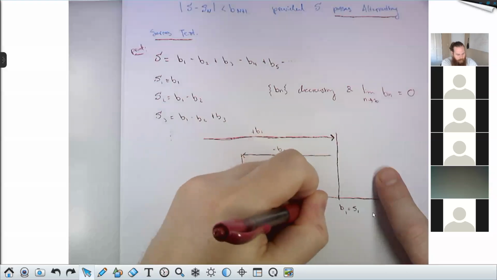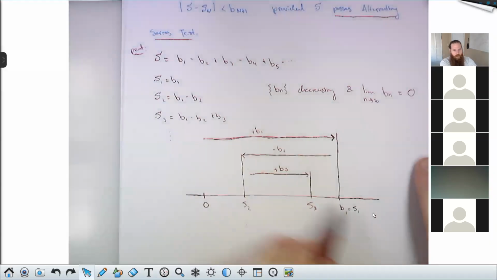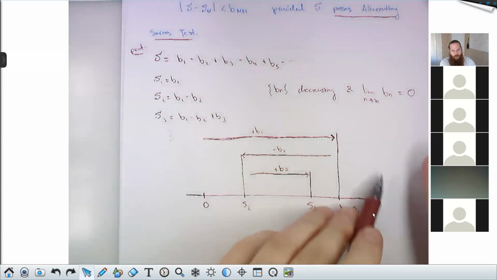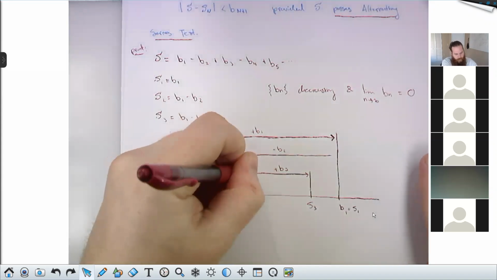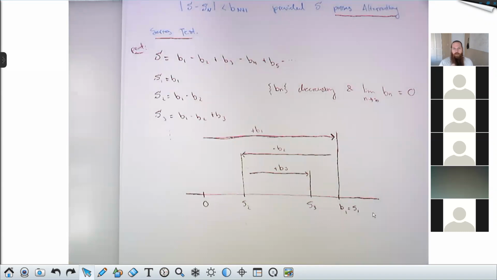Ayushi, how do I know that I'm not going to go past S1 all the way to somewhere over here? How do I know that I'm going to be in the middle? I am not sure about that one. Is B3 bigger or smaller than B2? Wouldn't it be smaller? Or no, bigger. It'd be bigger than B2, but smaller than B1.